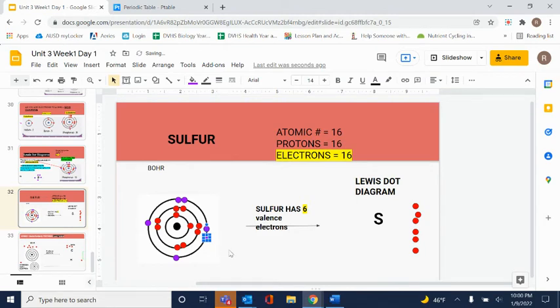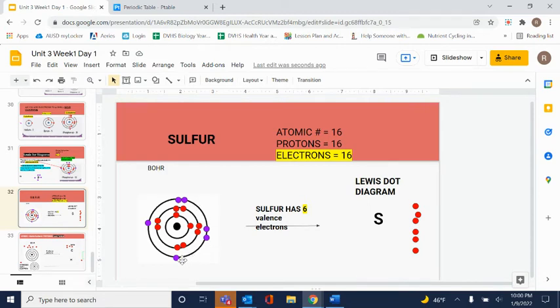So total, if you start from the very beginning, 1, 2, 3, 4, 5, 6, 7, 8, 9, 10, 11, 12, 13, 14, 15, 16. So I've drawn in all the electrons. The purple ones represent valence electrons because they are in the outermost orbital or the outermost shell.